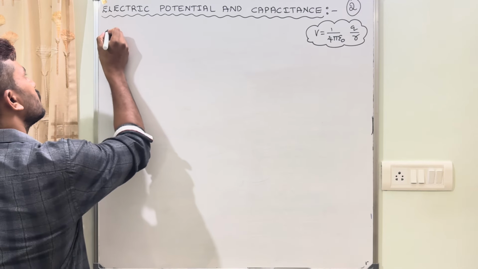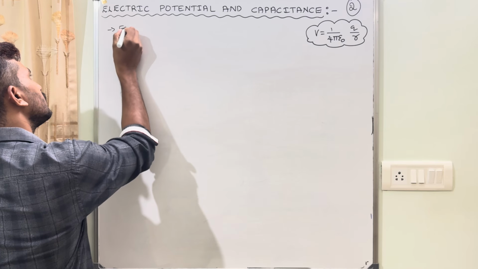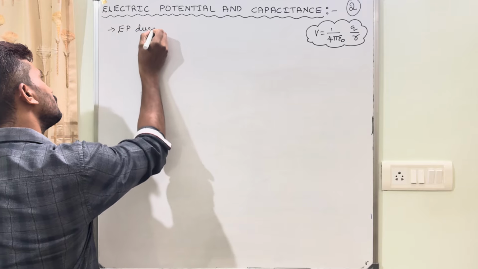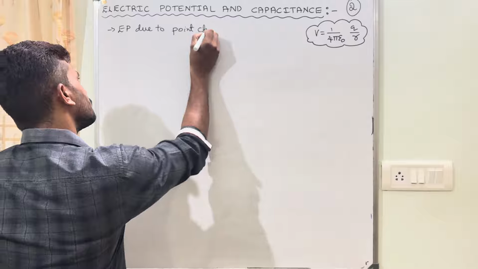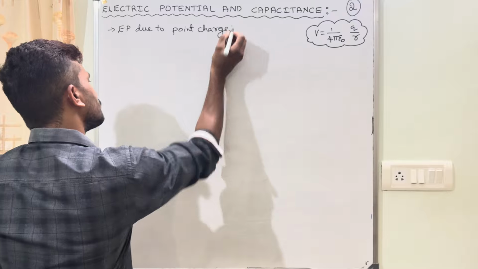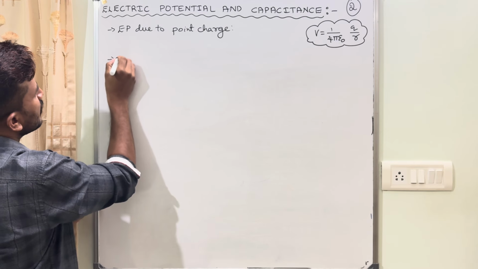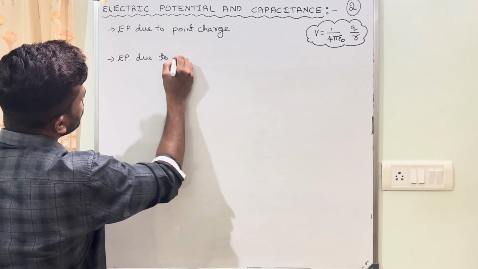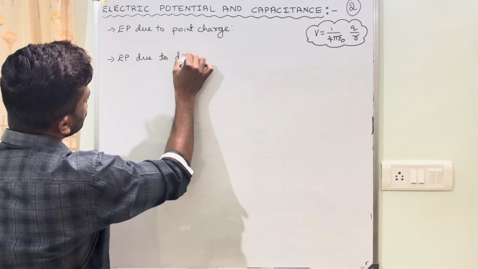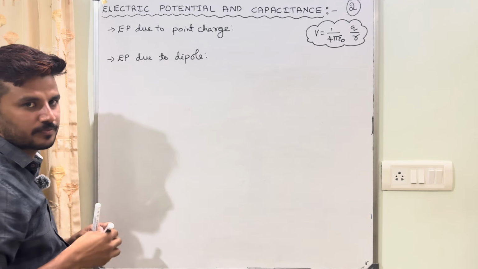So here we have electric potential due to point charge, and we have electric potential due to dipole at any random point.